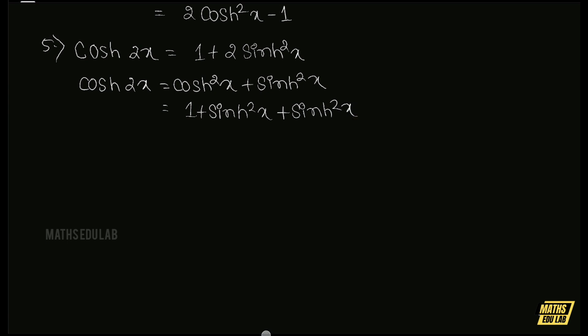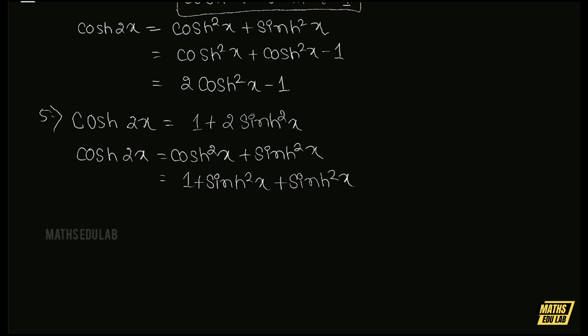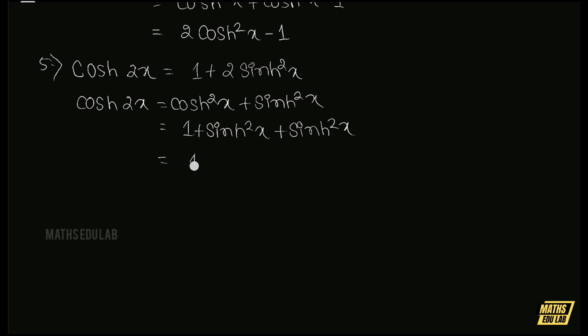and then I just use this identity of hyperbolic functions, I change this cos hyperbolic square x as 1 plus sine hyperbolic square x, then I can write it here as 1 plus 2 sine hyperbolic square x.